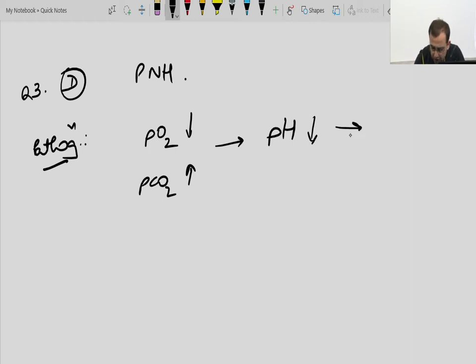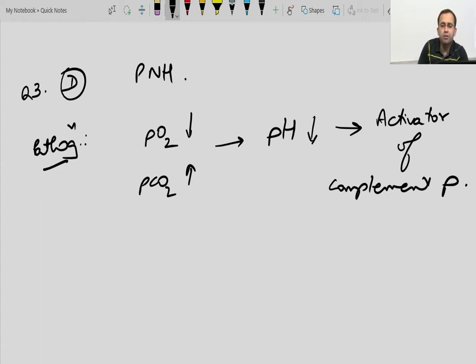Reduced pH is an activator of complement pathways. When the complement pathways are activated, this in turn leads to hemolysis.